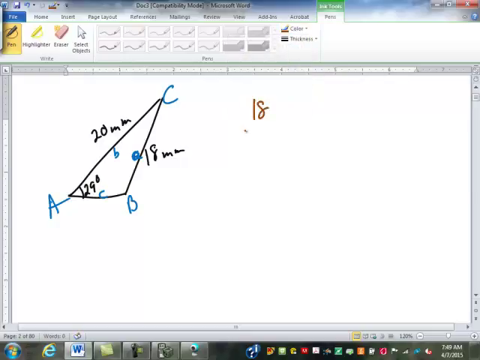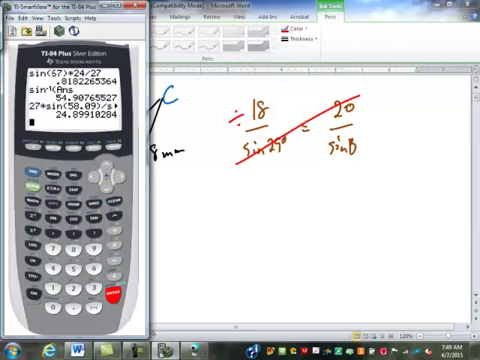So we have 18 over the sine of 29 degrees equals 20 over the sine of angle B. We'll cross multiply and divide. Sine of 29 times 20 divided by 18 is 0.5387.